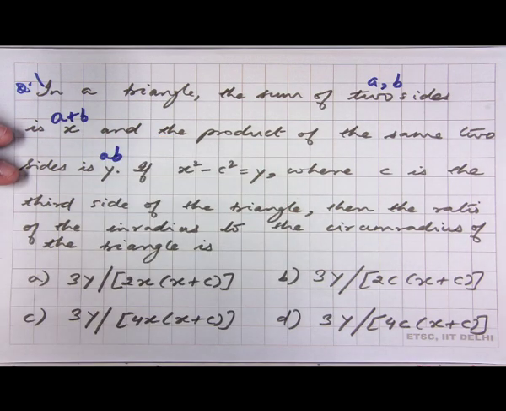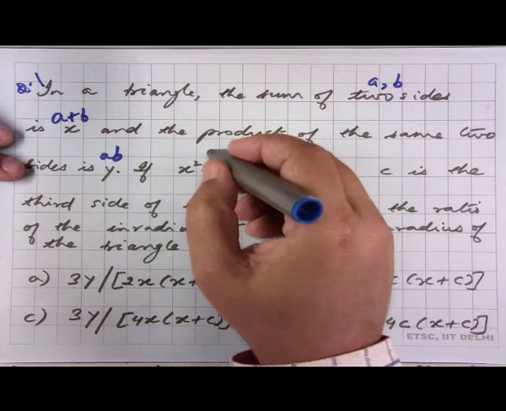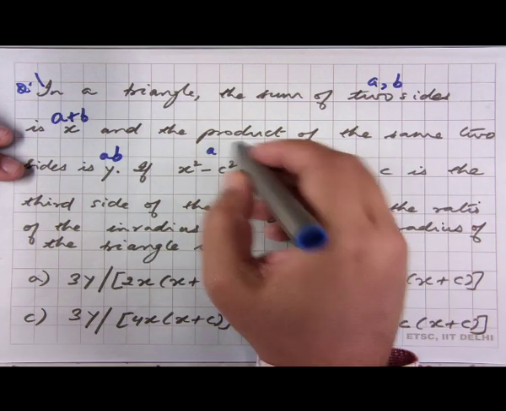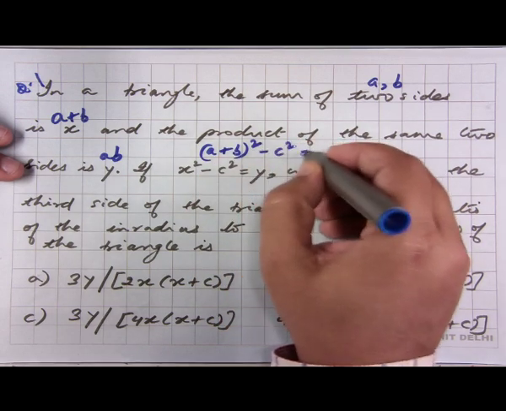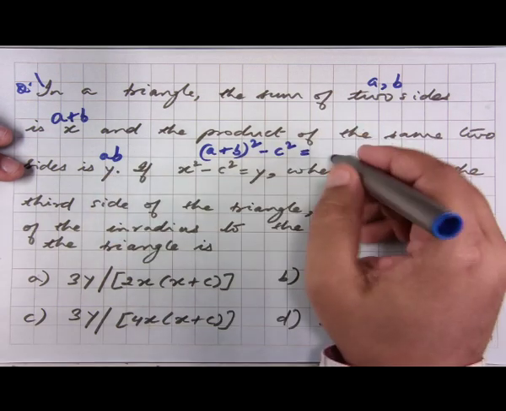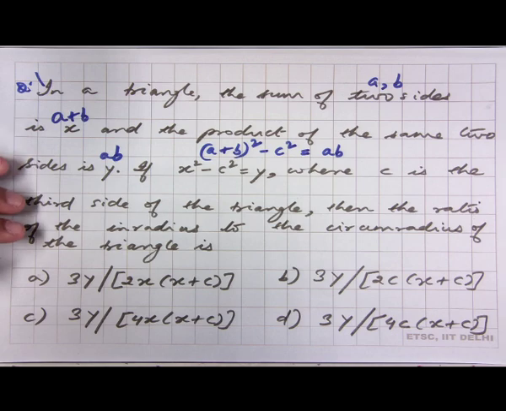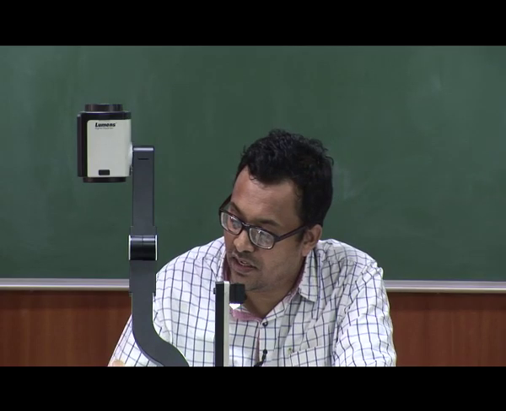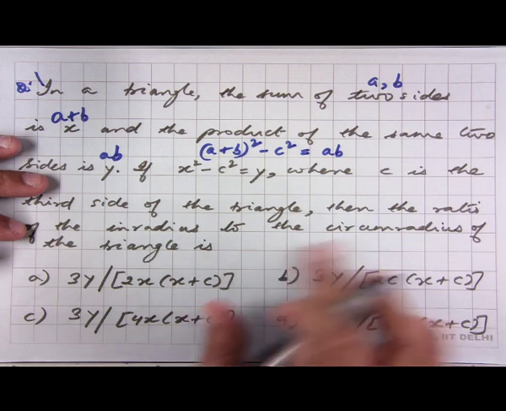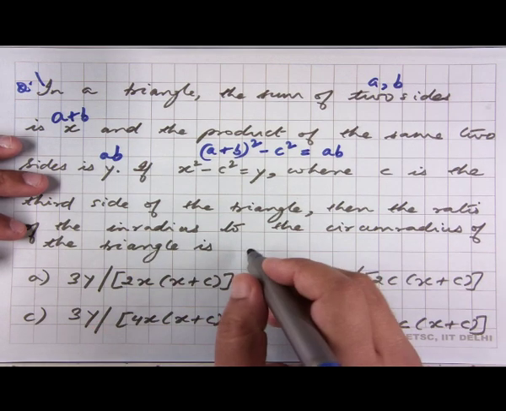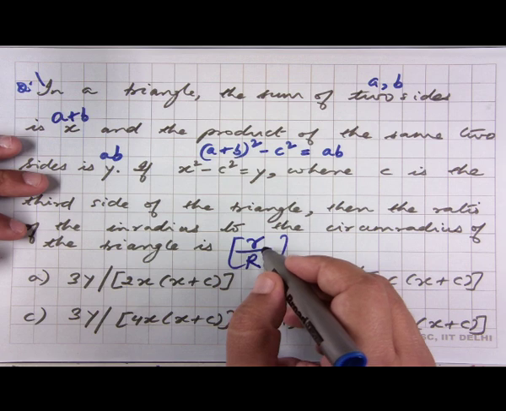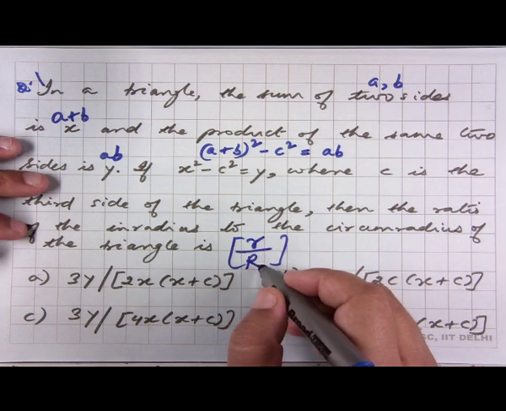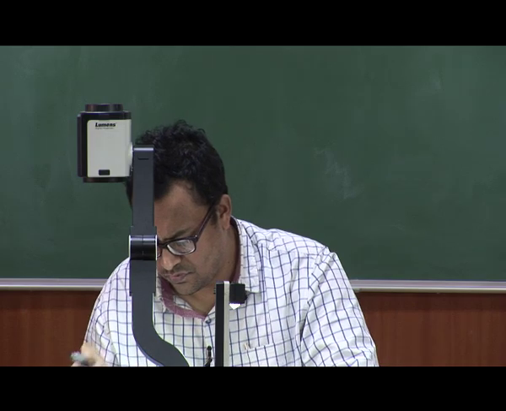The third side is of length c and we have the relation x squared minus c squared equal to y, which is the product of the sides, ab. It is asking us to find the ratio of the inradius to the circumradius of this triangle, and the correct answer is one of these four options.